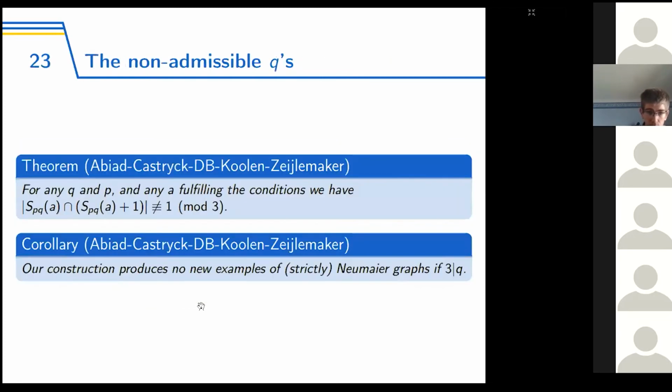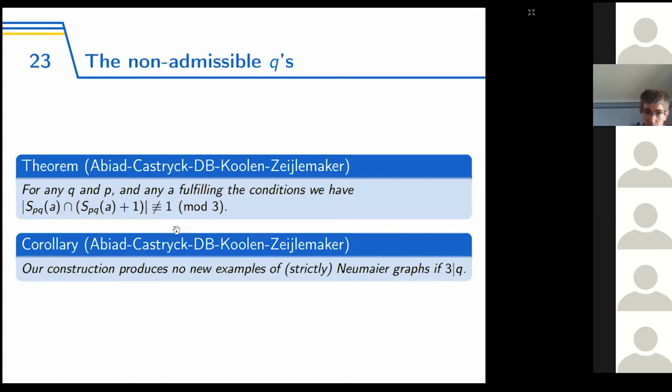Now, the first thing that you've noticed is that notoriously absent in my table was 3 squared, or any multiple of 3. There was no 3, no 9, no 15.